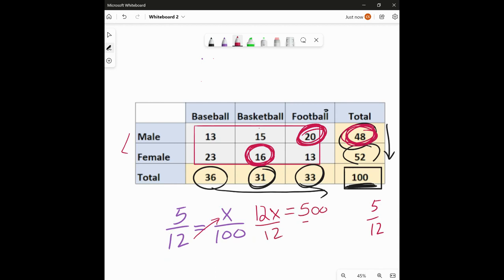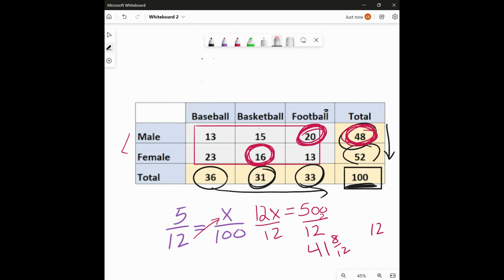And then I would divide both sides by 12. 12 goes into 50 4 times with 2 remaining, and then it's left 20. 12 goes into 20 once, and then we're left with 8 12ths. So 41 and 8 12ths, or if I simplified that, it would be 41 and 2/3%.